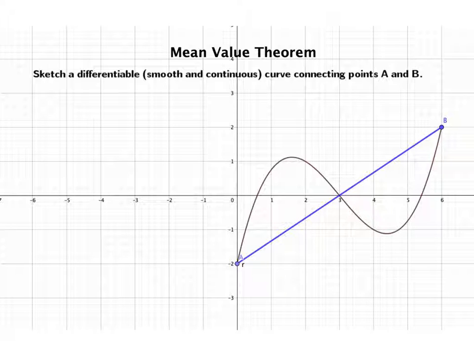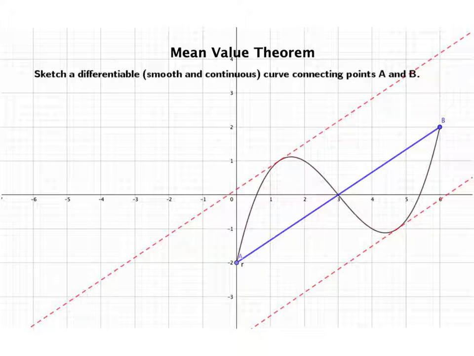Now what I want you to notice is points on the curve that have the same slope as the line connecting point A and point B. So you should notice that around here, the curve has the same slope as the line, and somewhere down in here, the curve has the same slope or derivative as the line.